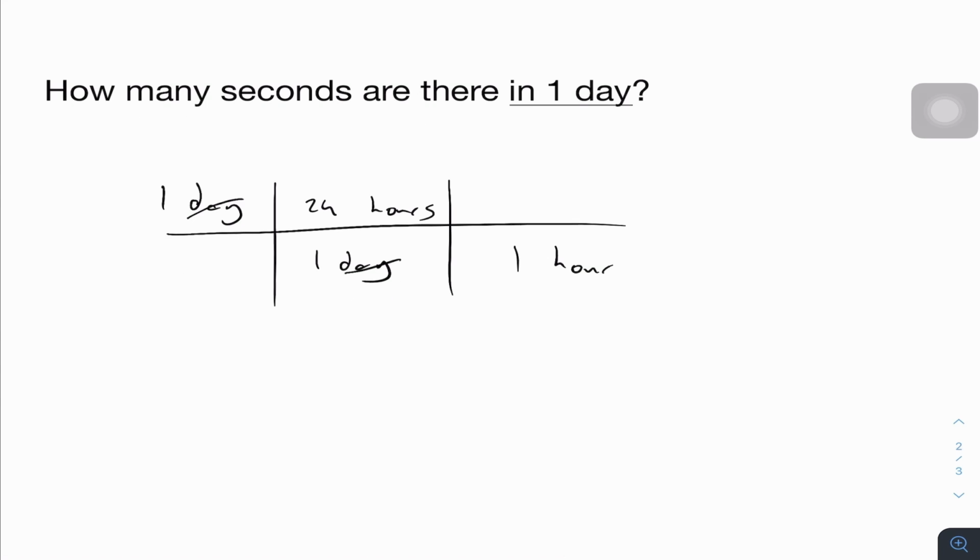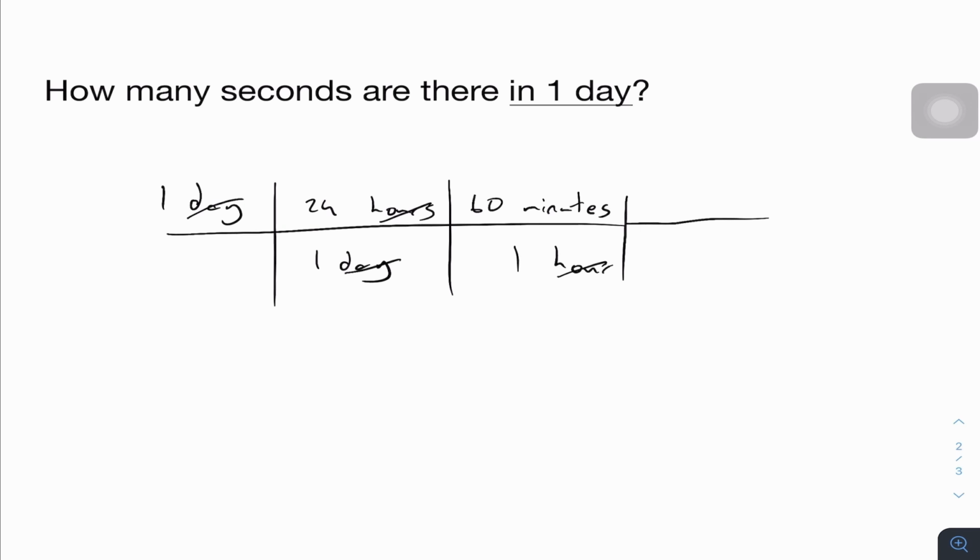And the next smallest unit is minutes. So there's 60 minutes in 1 hour. This results in the hours canceling out, and we need seconds.